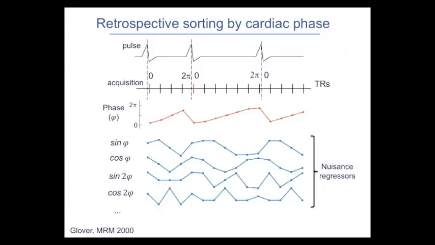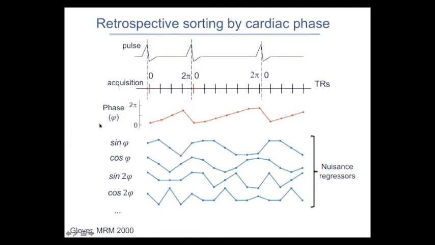This just gives you some idea of how it is implemented; I won't go into too much detail. Basically, you have an external measure of your pulse, so you know when there is a peak in each cardiac cycle. You treat each cycle as a 0 to 2 pi phase, and then you have the acquired images. For each TR, you calculate which phase of the current cardiac cycle it is in, so you get a time course of phase.